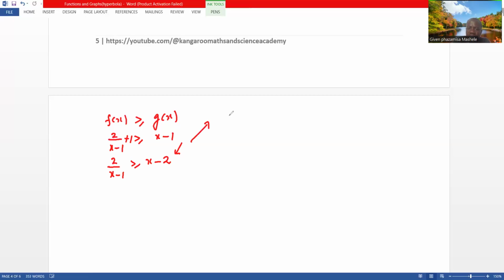This will be 2 over x minus 1 minus (x minus 2) greater or equal to 0. We do not cross multiply. Let's simplify with a common denominator of x minus 1. It will be 2 minus (x minus 2)(x minus 1) over x minus 1, greater or equal to 0.